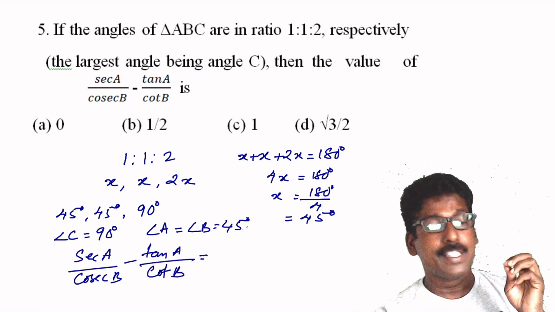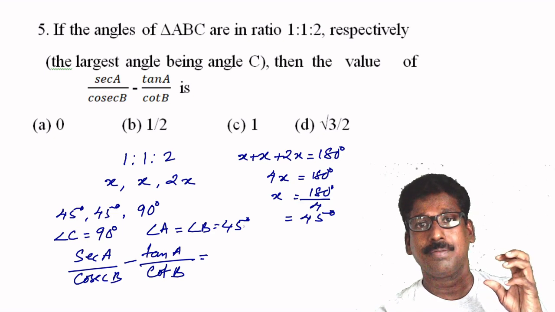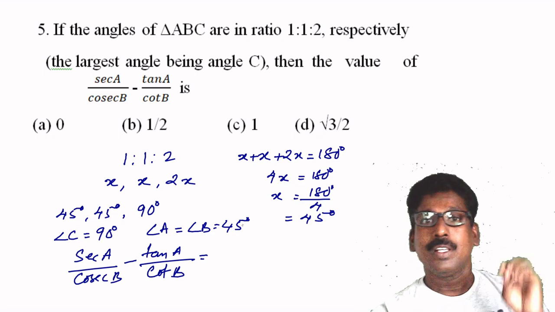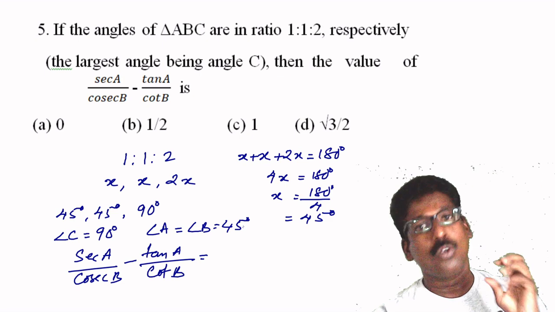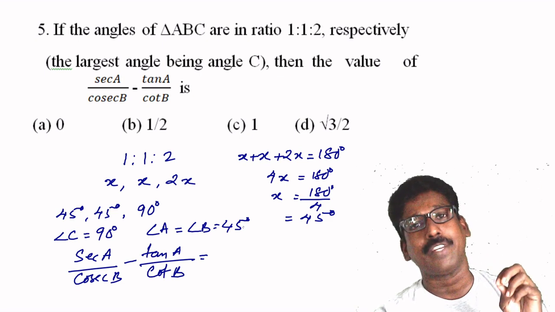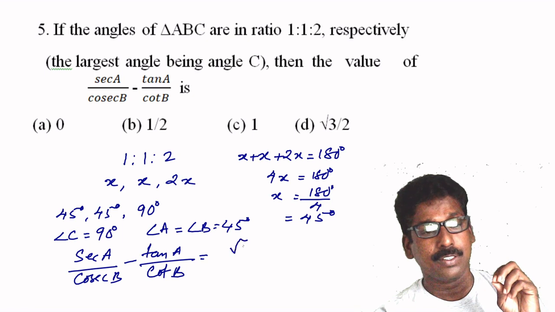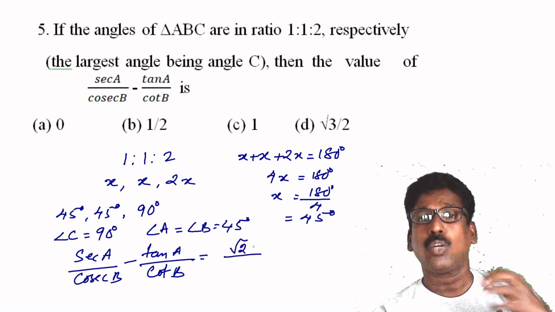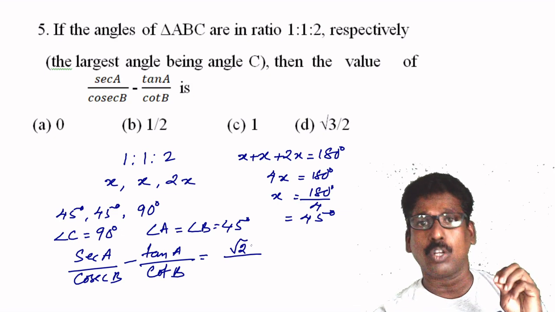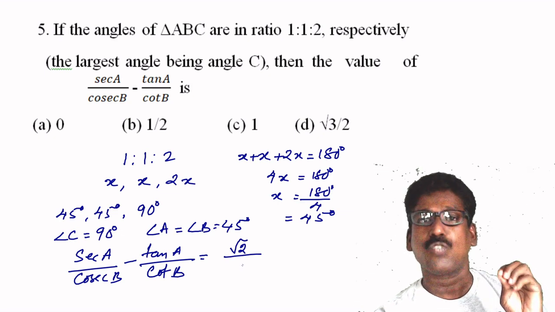Now sec means sec 45. You know, sec is the reciprocal of cos. That means cos 45 degrees is 1 by root 2. So sec 45 degrees is equal to root 2. Similarly, cosec is the reciprocal of sine. Sine 45 degrees is 1 by root 2.